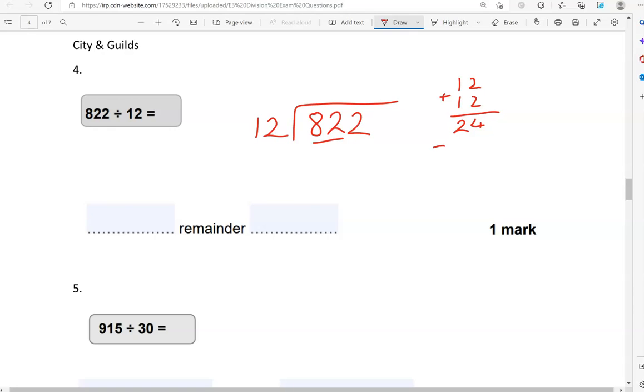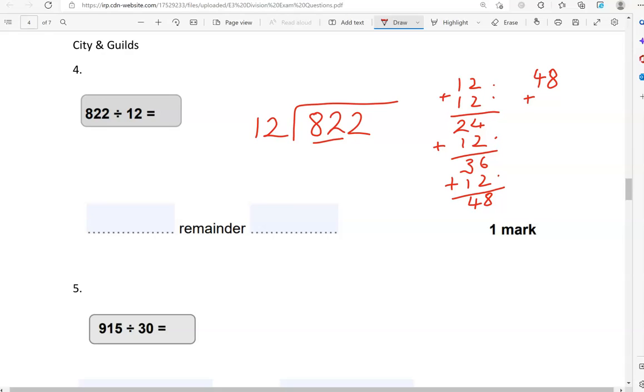So if I add another 12, that is 36. If I add another 12, that is 48. Okay, so far I've added 1, 2, 3, 4 lots of 12.